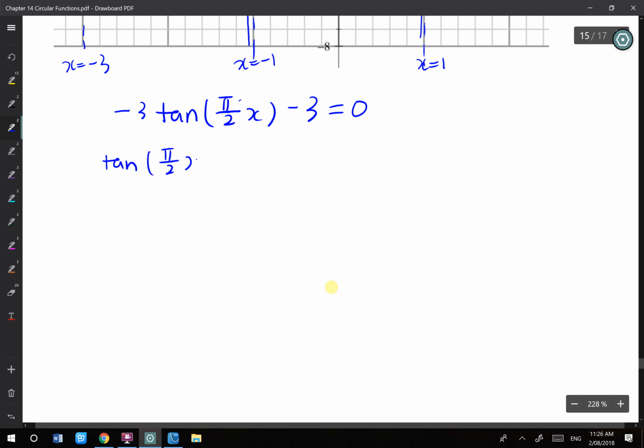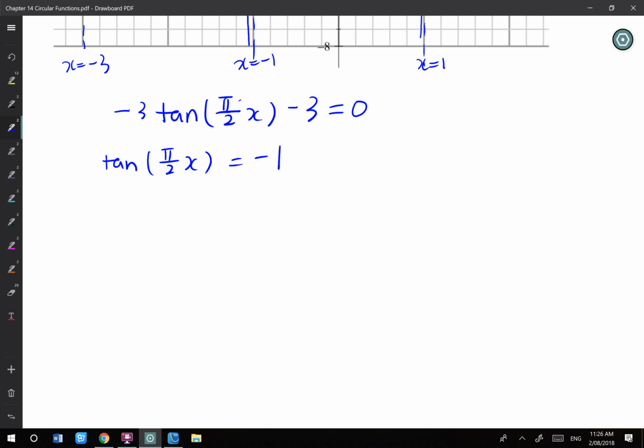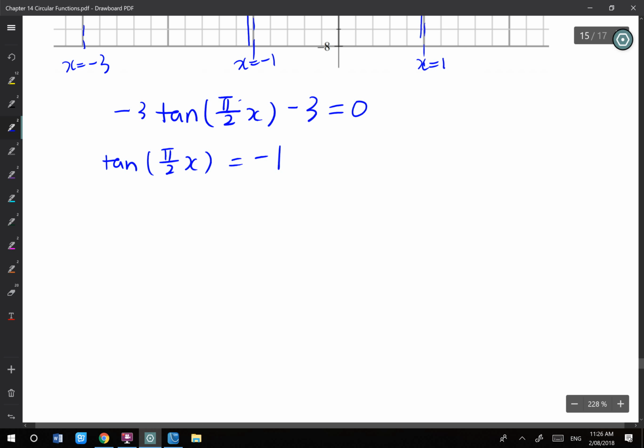Tangent pi over 2x equals to -1. Well, because we already find what tangent equals to -1, we use this angle here. So that's the 3 pi over 4 we just did last question.